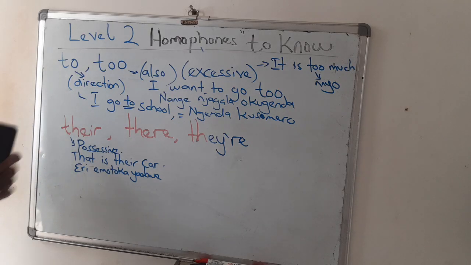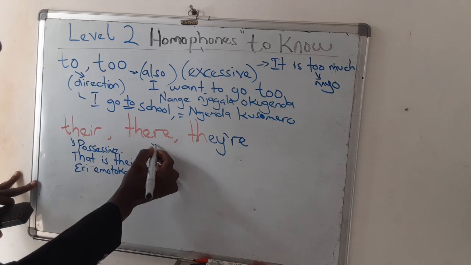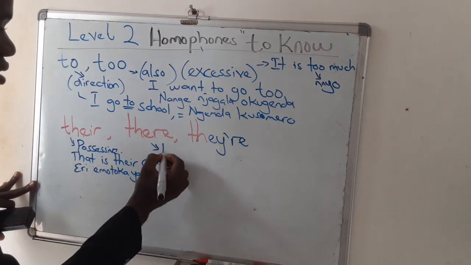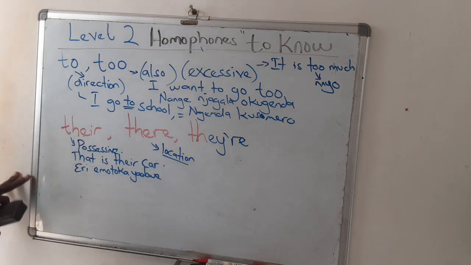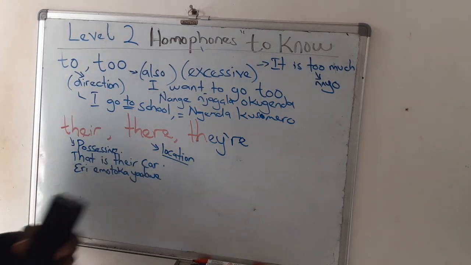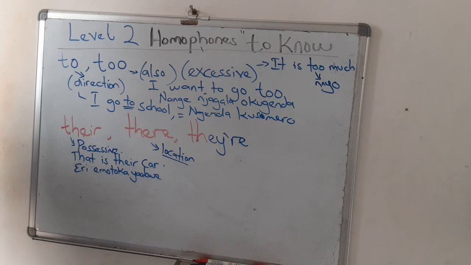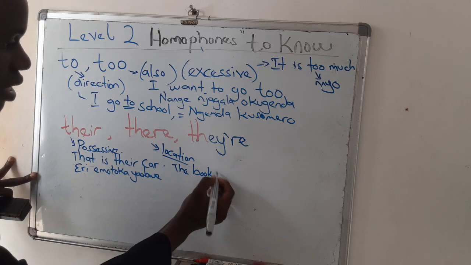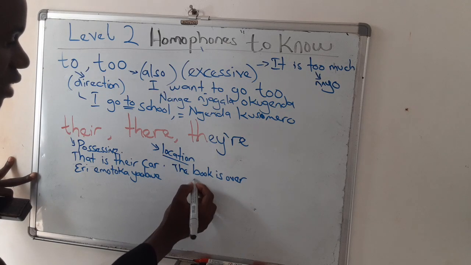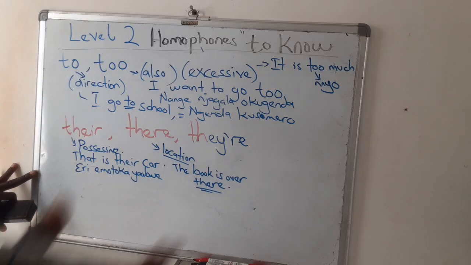So their. Whereas there. So this one indicates location. Okay? There indicates location. Ekifo kiri. For example, the book is over there.